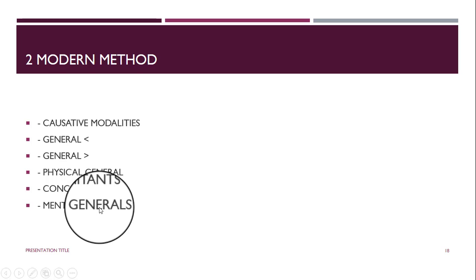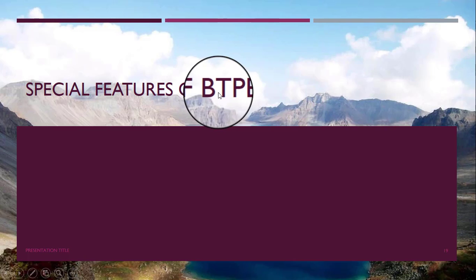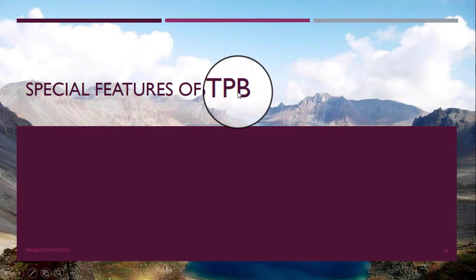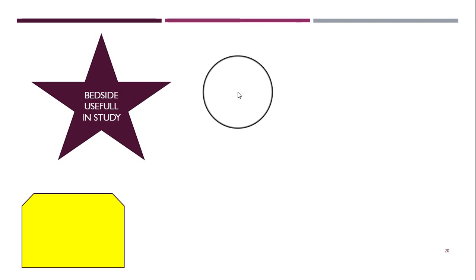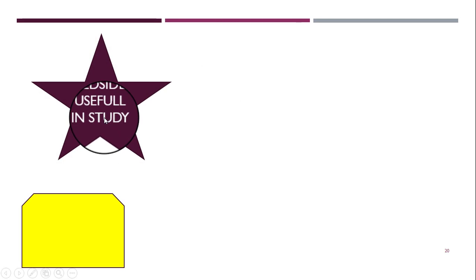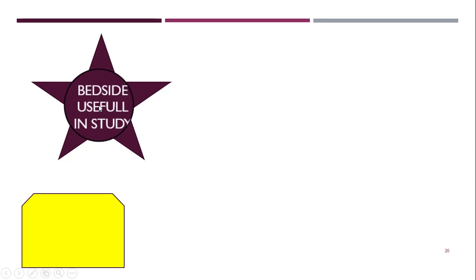Now last we'll discuss about the special features of Boenninghausen's therapeutic pocket book. So let's talk about it. So Boenninghausen's Therapeutic Pocket Book is the ultimate book and a precise gift to homeopathic fraternity by Boenninghausen. It's obvious from its original name, useful at the bedside and in study of the homeopathic materia medica.